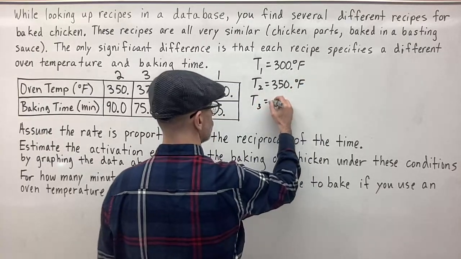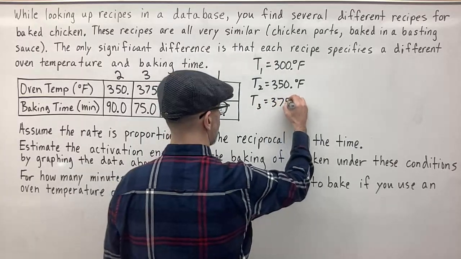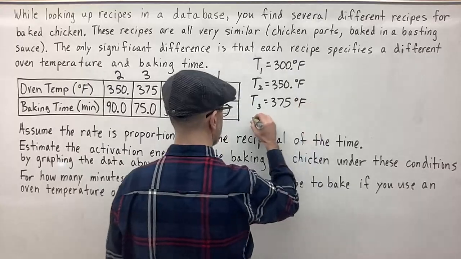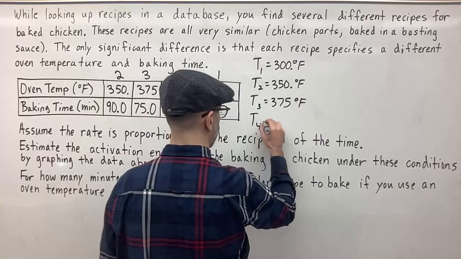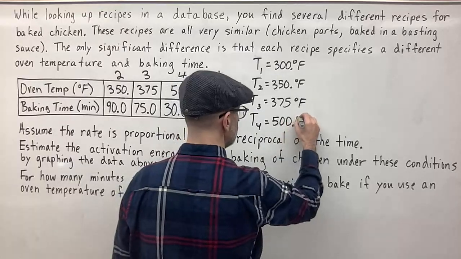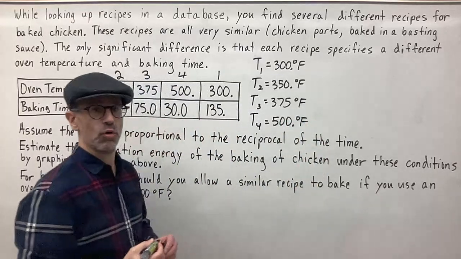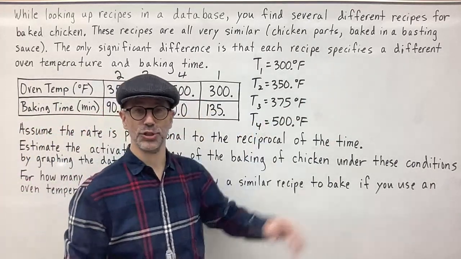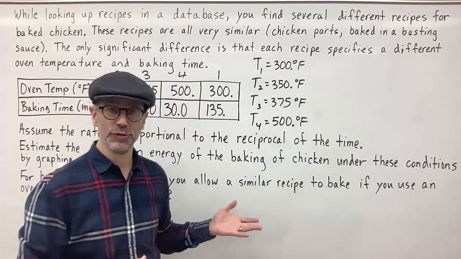T3 is equal to 375 degrees Fahrenheit, and T4 is equal to 500 degrees Fahrenheit.